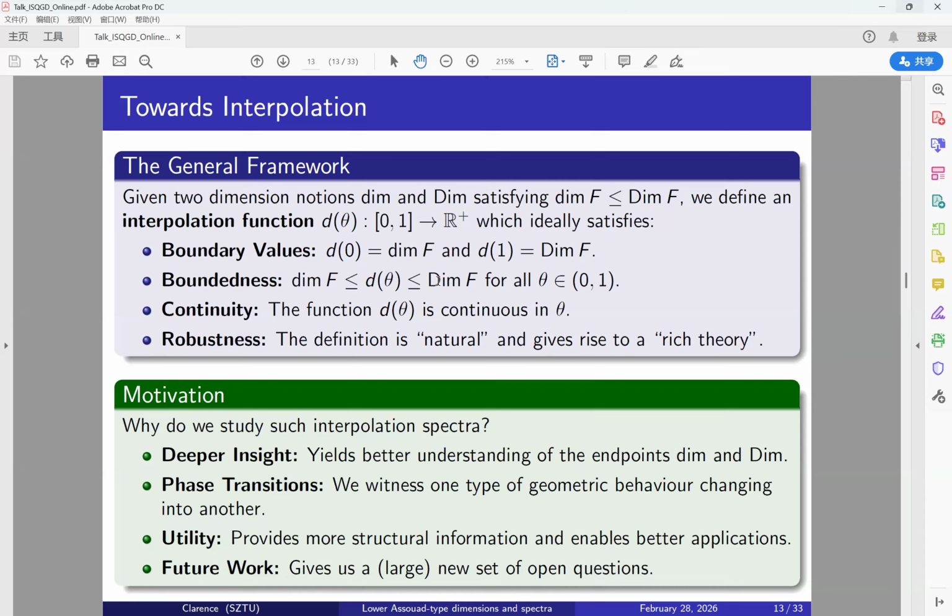The third thing is that it provides more structural information and enables better applications. It also gives us a new set of open questions. In recent years, there have been several successful examples of dimension interpolation.